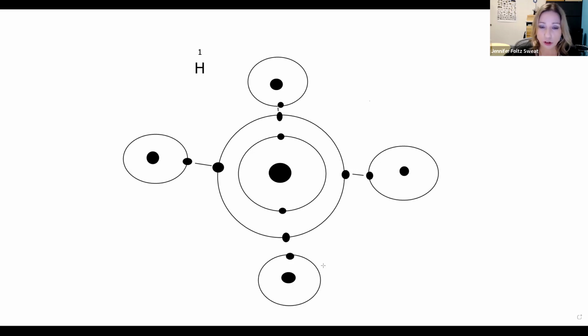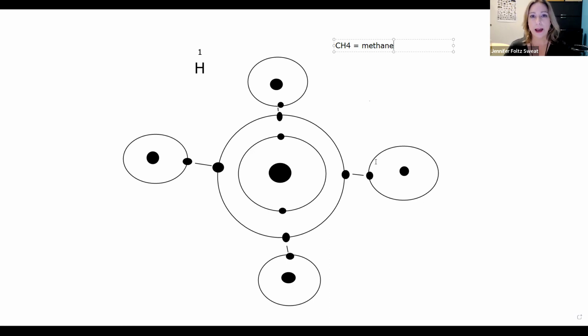And they will share electrons. So the molecule that I just drew for you is called CH4. That 4 would be a subscript. What that means is 1 carbon, 4 hydrogens, and that molecule happens to be methane.